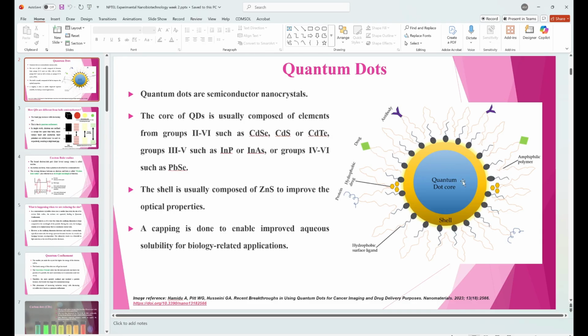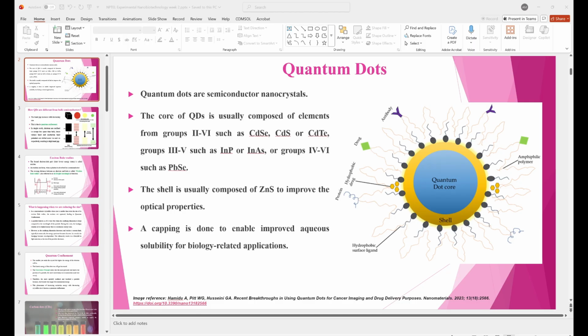That is the FRET phenomenon, because the absorption spectrum of the quencher and the emission spectrum of the carbon dot are overlapping. That is how FRET occurs, and your carbon dot fluorescence is quenched.